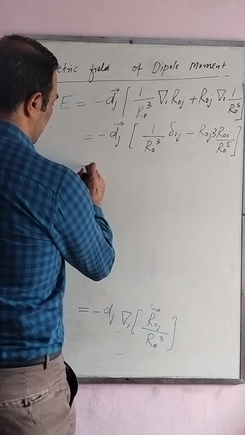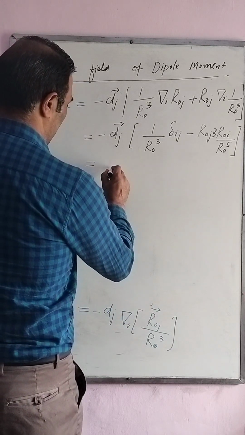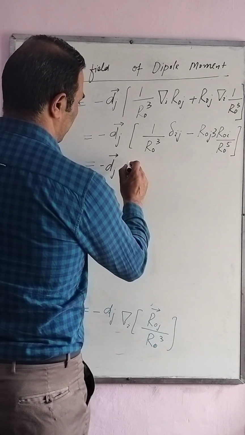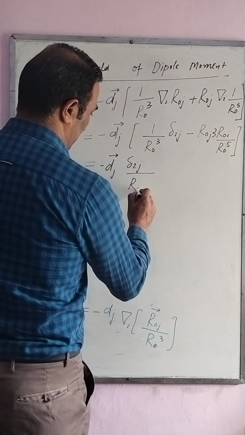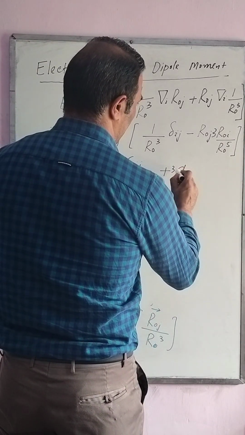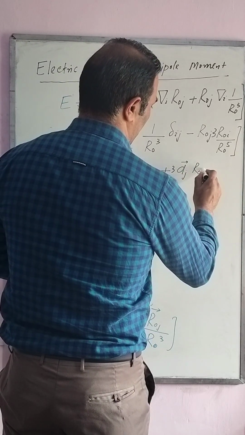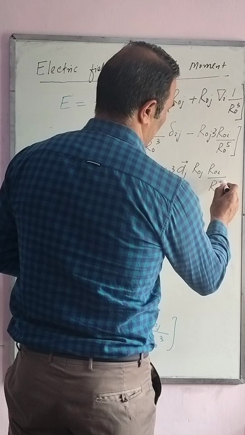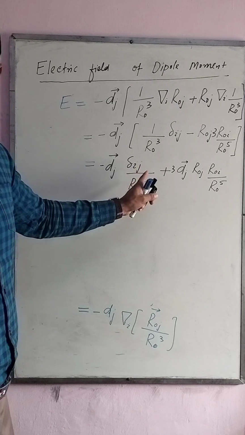Or you can rewrite this term as, okay. Or when you put i equal to j here, so this term will be this Kronecker delta.